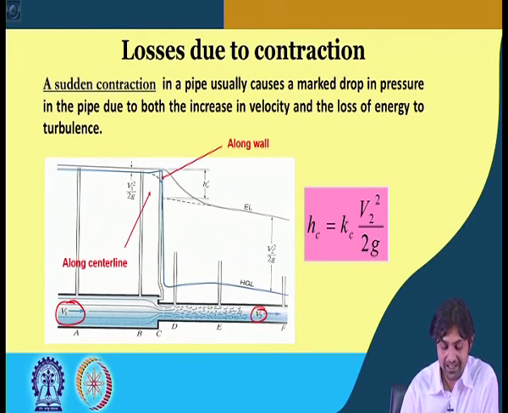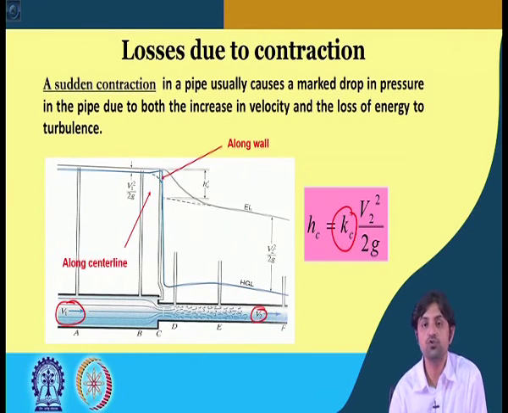So for a contraction, the minor head loss will be Kc, which we don't know yet, into V2 square by 2g, not V1. V2 you should be able to find using the continuity equation, and Kc you can either derive, or in most general scenarios it is given.